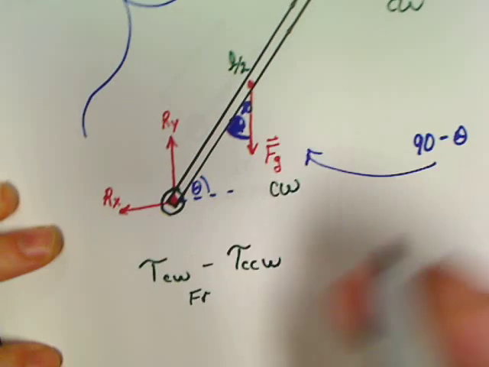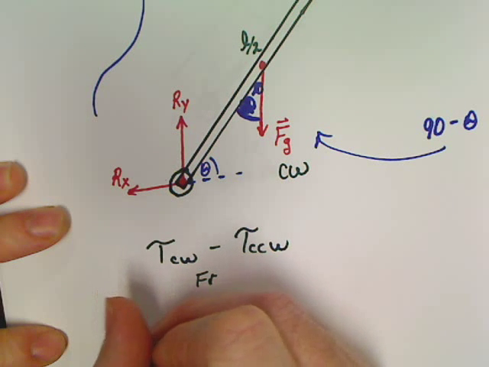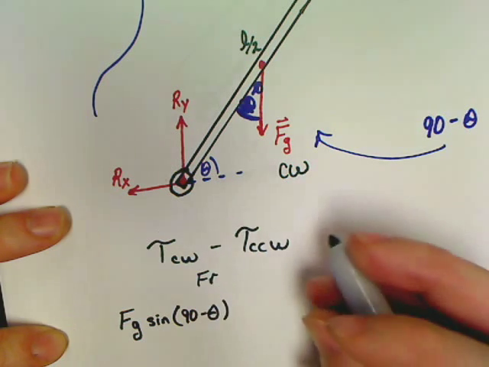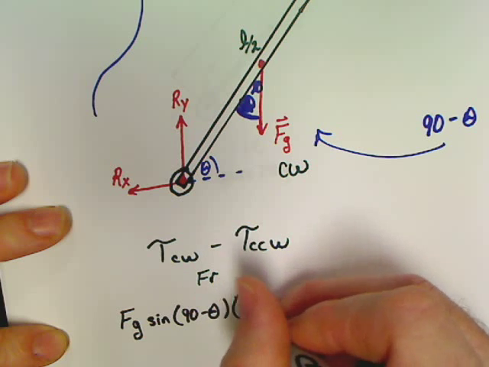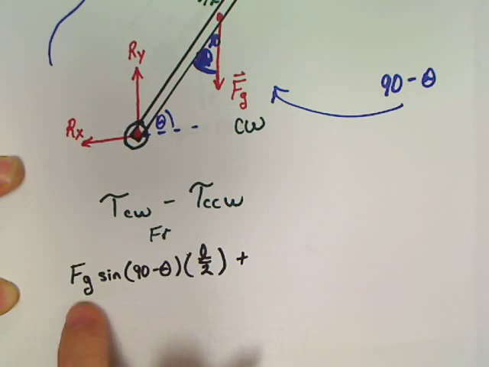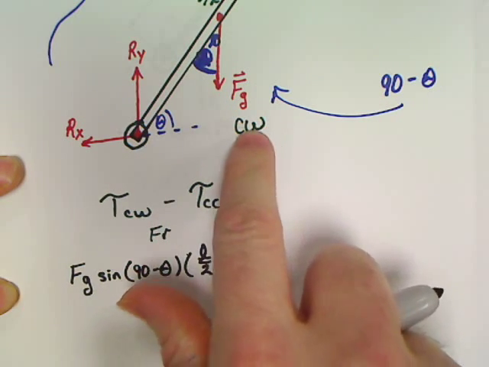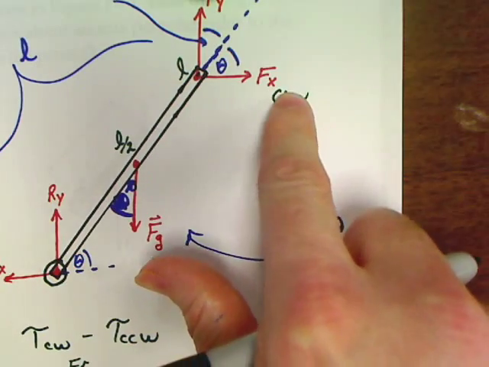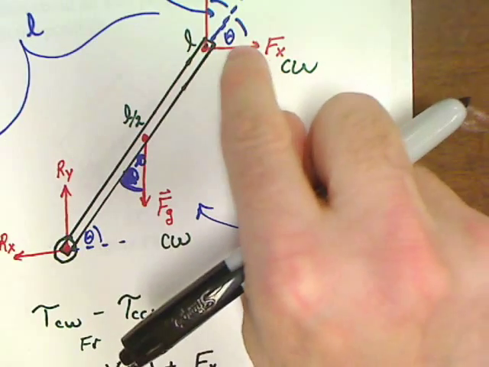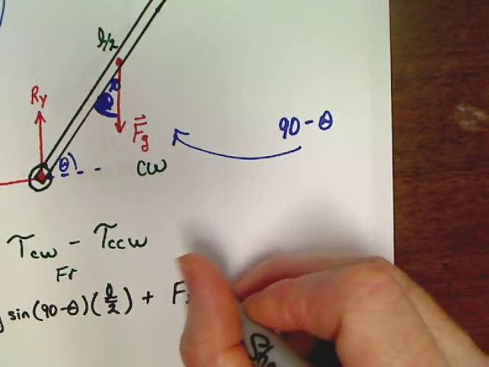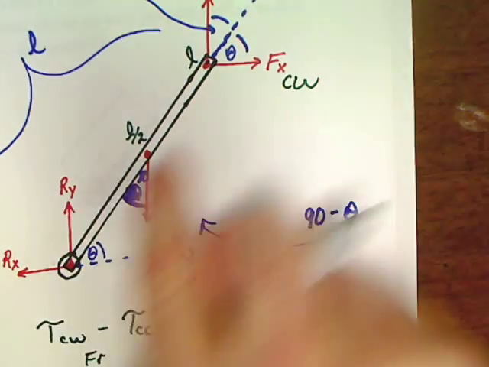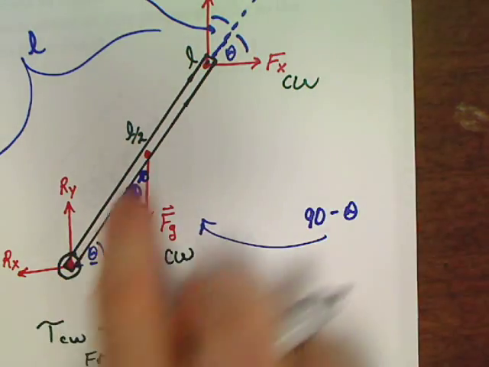I've got an FG sine of 90 minus theta, because that was the angle, times L over 2, plus, I've got 2 clockwise, so FG was one, and now FX is the other one, so plus FX sine theta times L, because it is L distance away from my pivot point.